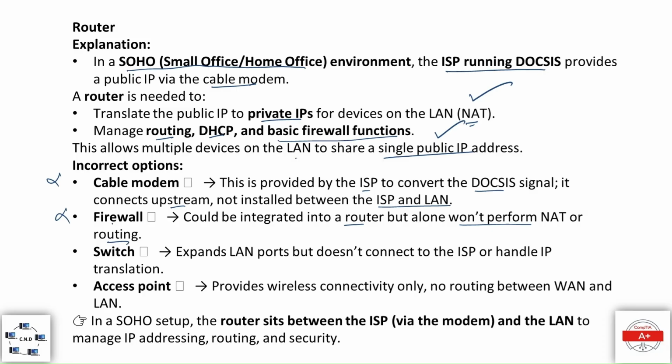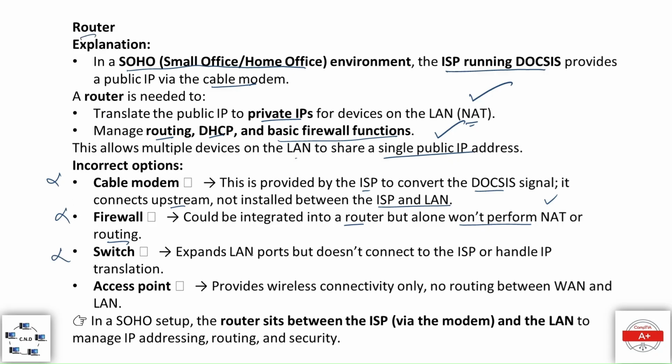Remember, some modern firewalls can also perform these functions such as NAT, routing, as well as DHCP and other firewalling functions. But for the academic perspective, we will stick to the router.